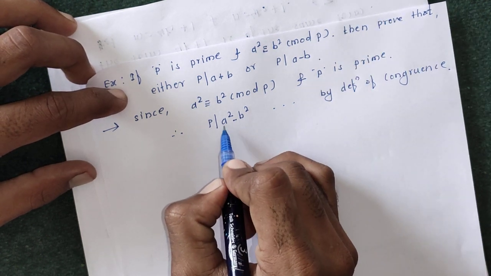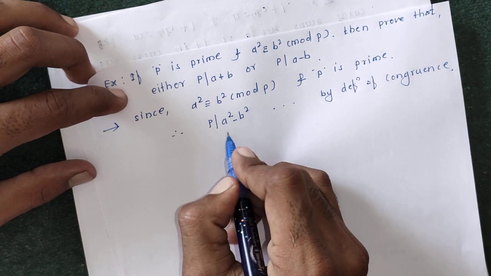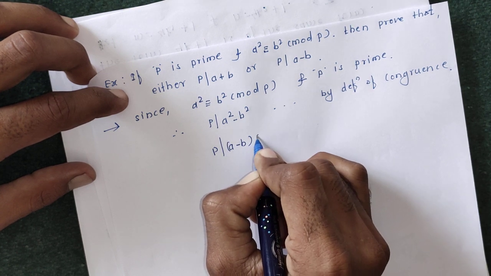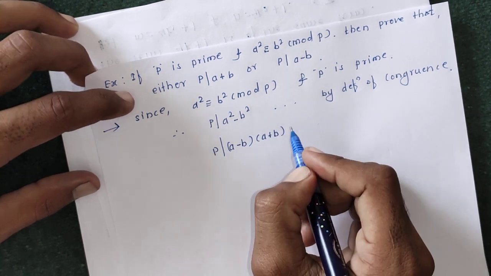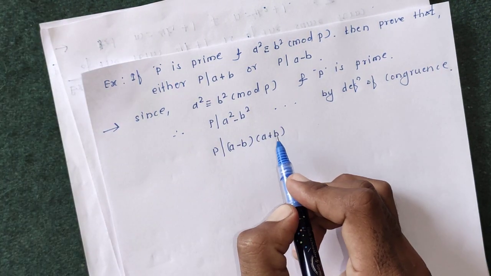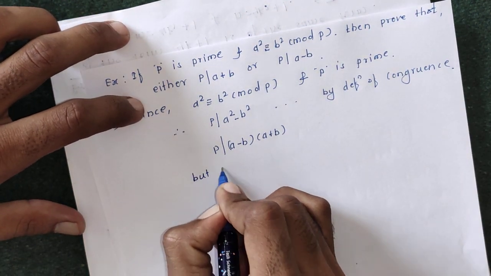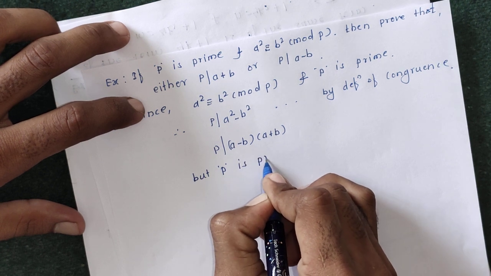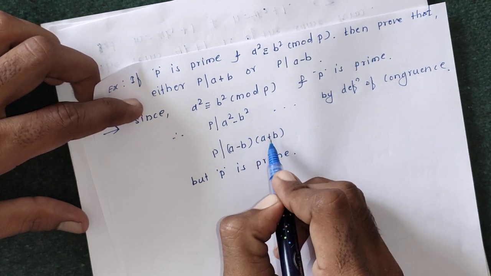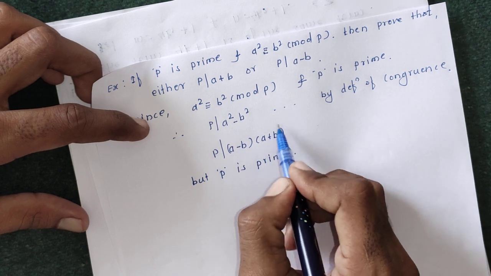But we know that a square minus b square equals a minus b times a plus b. Factorizing a square minus b square, p divides the product of a plus b and a minus b. But p is a prime number, and if any prime divides the product of two numbers, then either p divides the first integer or p divides the second integer.